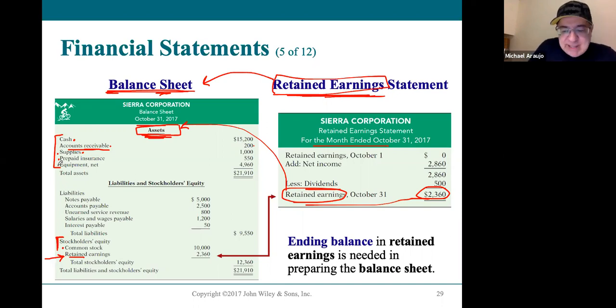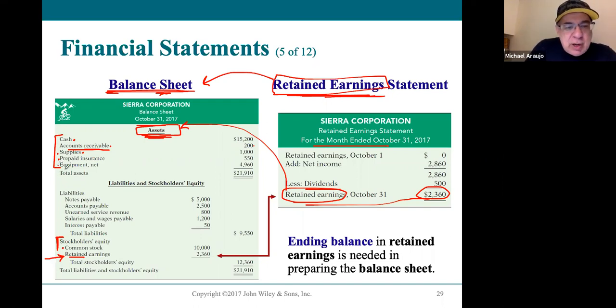But equipment basically is a long-term asset. Long-term in accounting is anything over a year. So whatever equipment that this company, Sierra Corporation, uses for its tours or its stores or whatnot, is something they plan to use for well over a year.